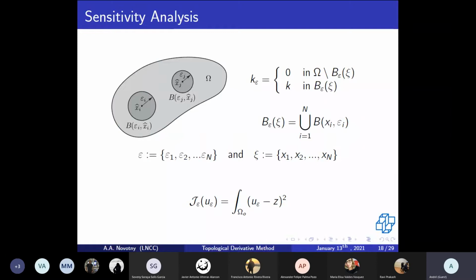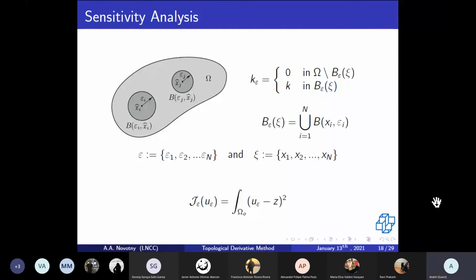We start by introducing a number of small perturbations given by these small balls of center xi hat and size epsilon i.